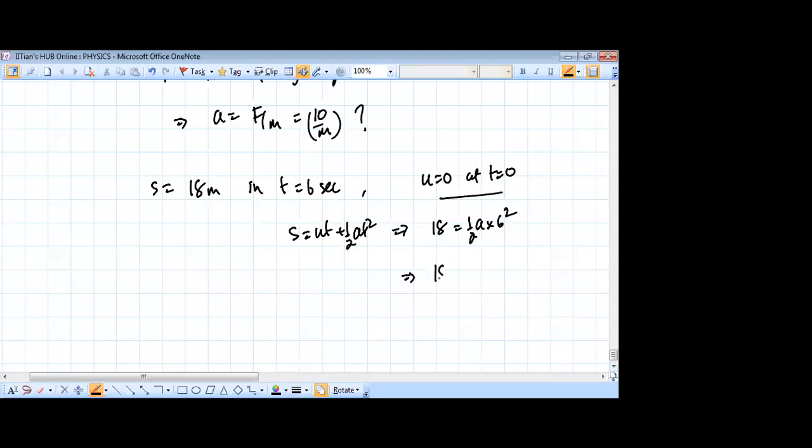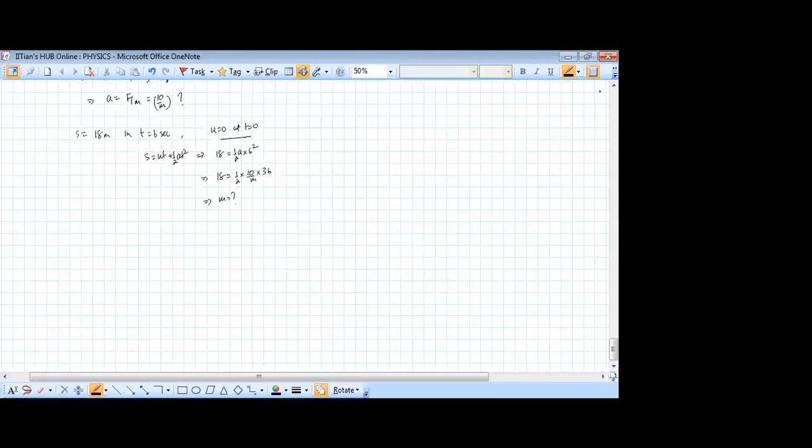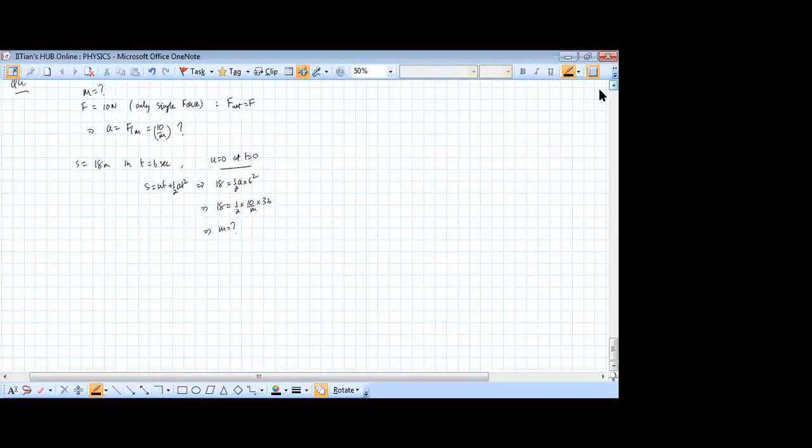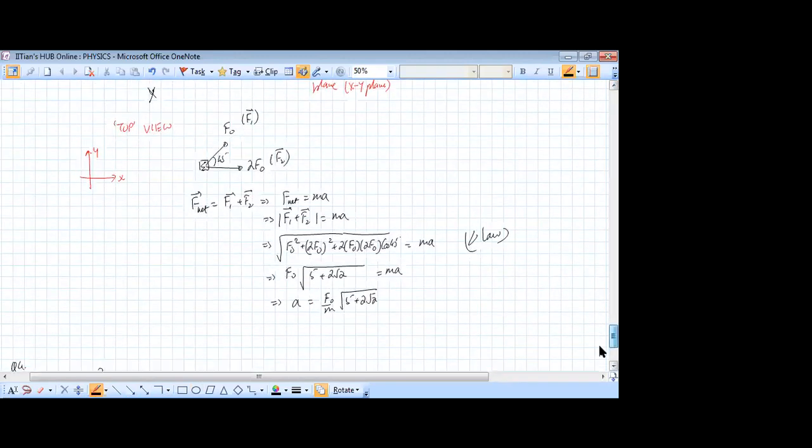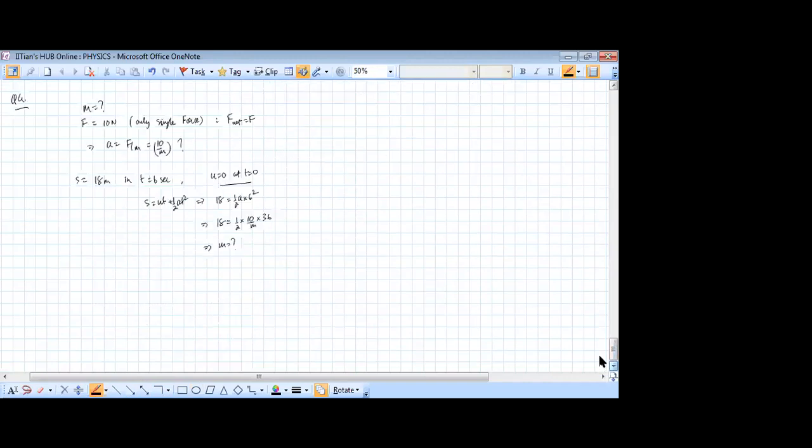So that means 18 is equal to half of the force of 10 newtons divided by whatever the mass was into 36. So from this you can calculate the mass. So it's as simple as that actually. You just have to connect it with the kinematics equation. So many of the questions in this exercise are like that. Pretty simple, but you have to just connect it with these equations.